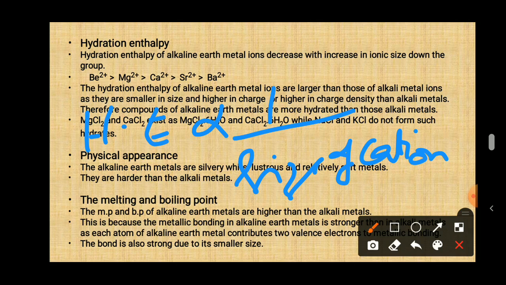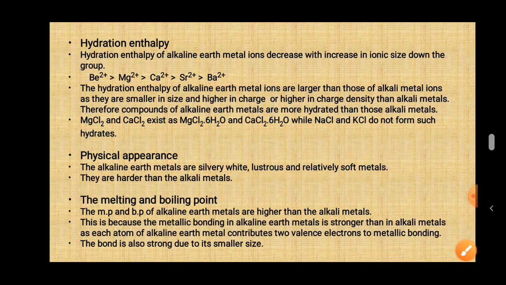Okay, so based on that, beryllium has a high hydration enthalpy because the size of beryllium is very small. Now compared to the alkali metals, hydration enthalpy of alkaline earth metal ions is larger than those of alkali metal ions because of the smaller size. Comparing alkali metals and alkaline earth metals, alkali metal is larger in size.